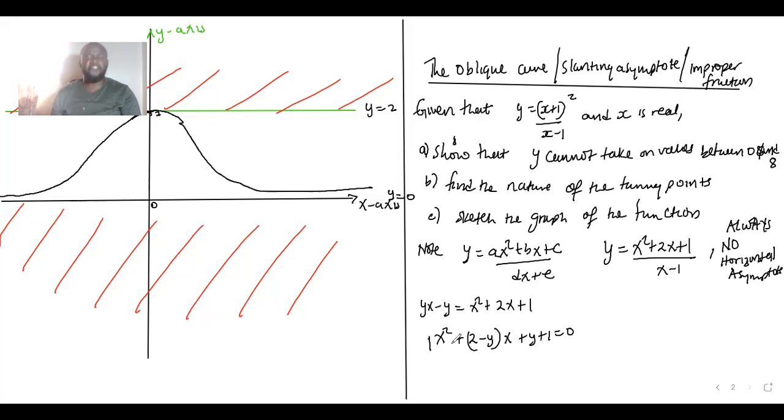This one has a coefficient 1. It is not in terms of y, so you can't equate it to 0 and say that y is this, so it always has no horizontal asymptote. But rather, we can investigate the region where the curve does not pass, whereby b squared is less than 4ac for no real roots.